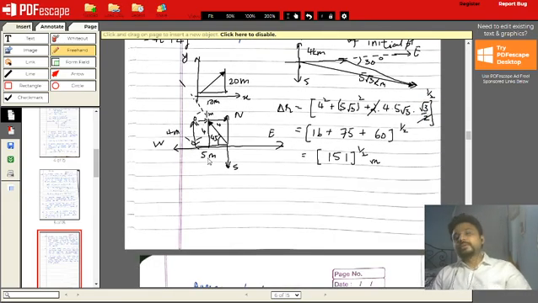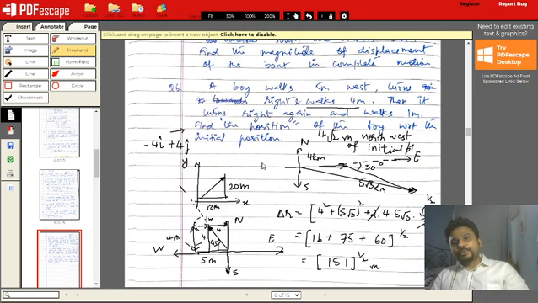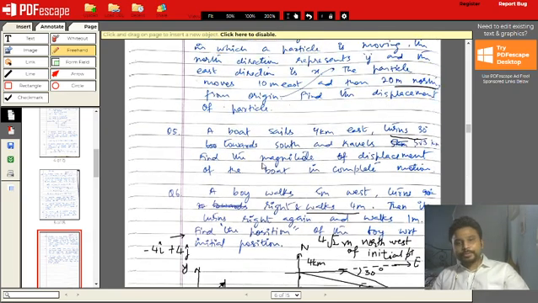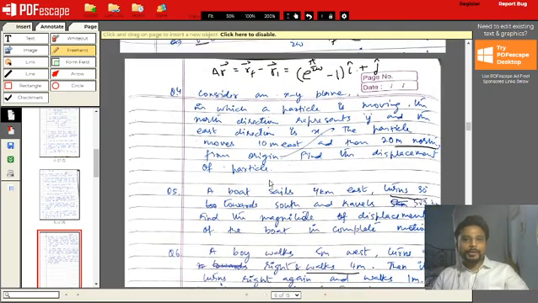Okay, so in displacement we saw that writing the position of a particle as a vector gives us many advantages. For example, in the last question we simply wrote -4i plus 4j to represent the position of the particle.